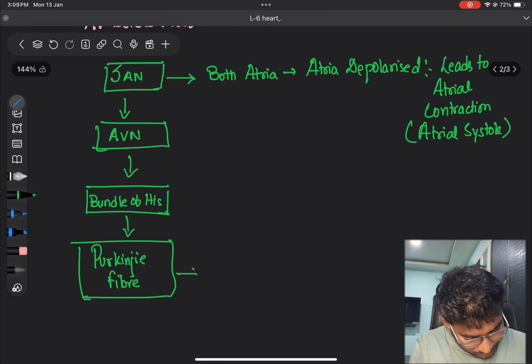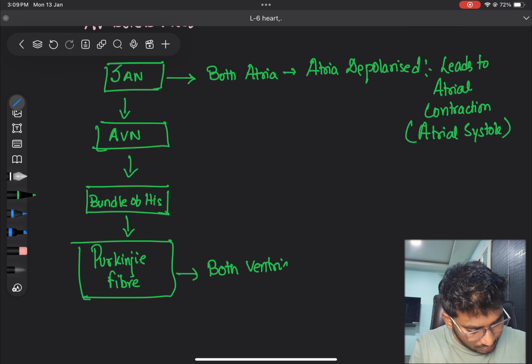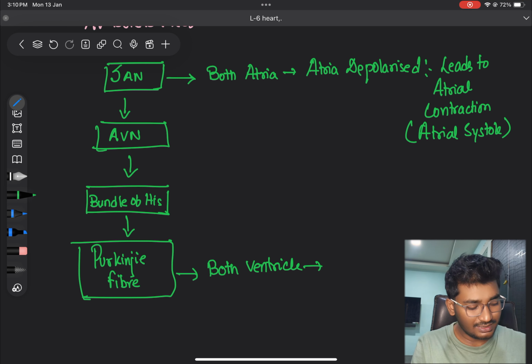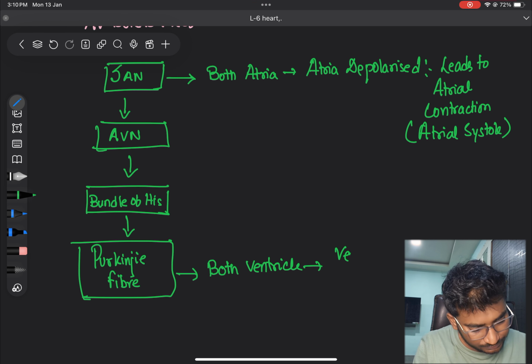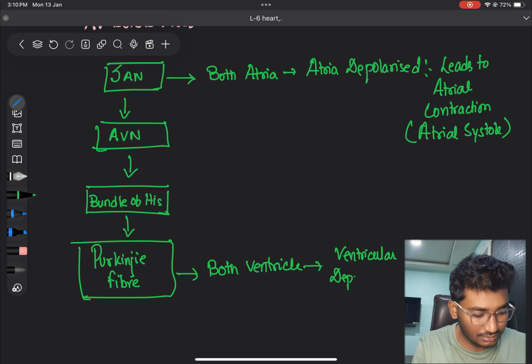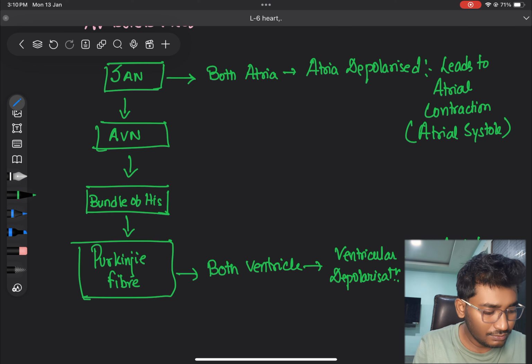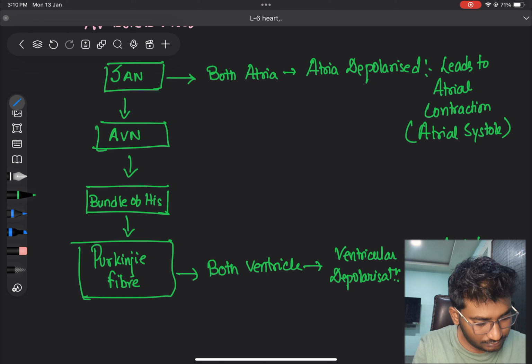From the atrial systole, through the Purkinje fiber, the beat is sent to both ventricles, and then the ventricular depolarization leads to ventricular systole.